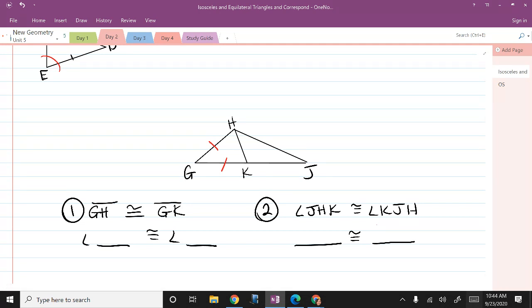No, I don't need it right now. I'm just looking at the left side triangle. So what angles are congruent then? GKH. Right, these two would be the base angles because this is the vertex angle. Does that make sense to everybody? So angle GHK is congruent to angle GKH.